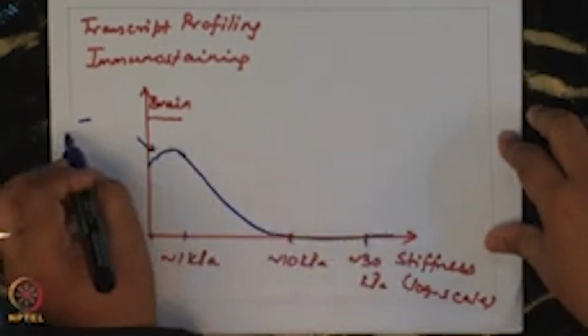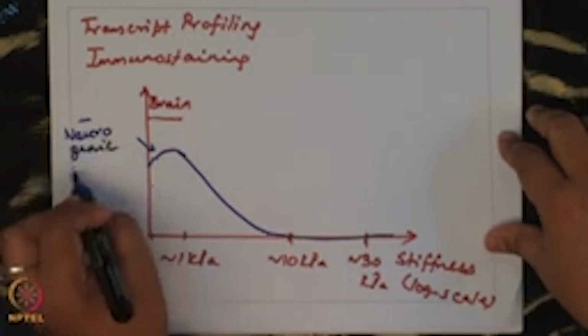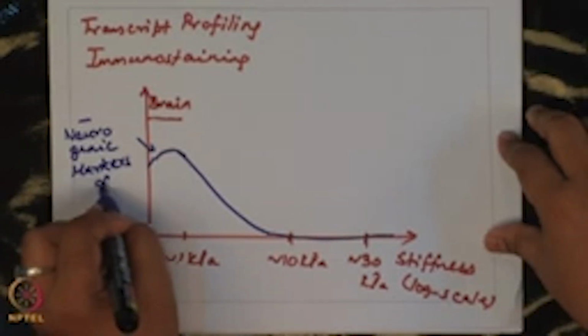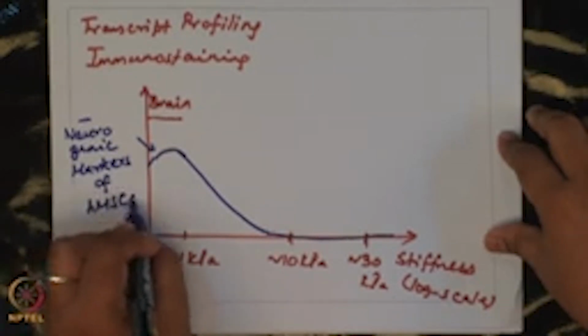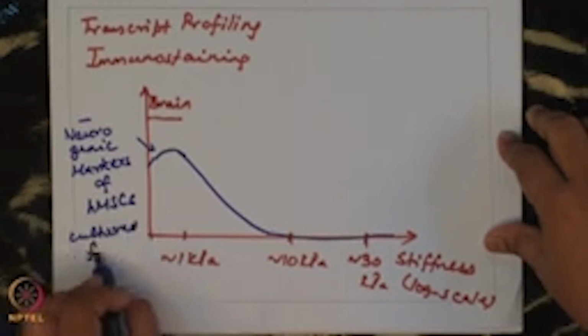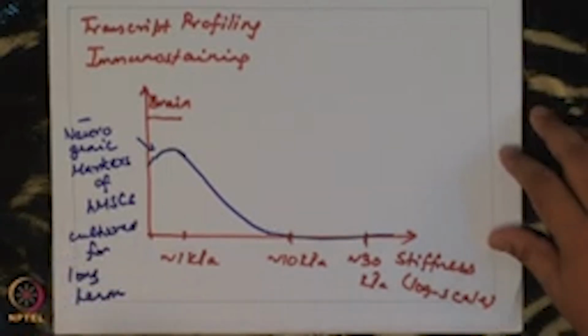Okay. So, these are the neurogenic markers of HMSCs, which have been cultured for long term. Okay.